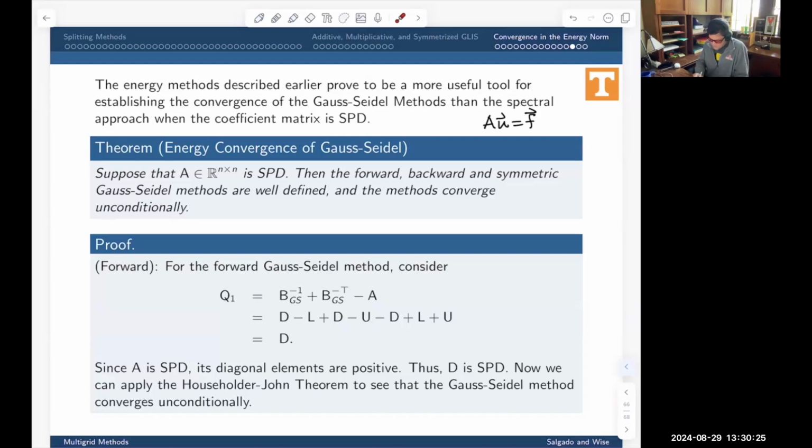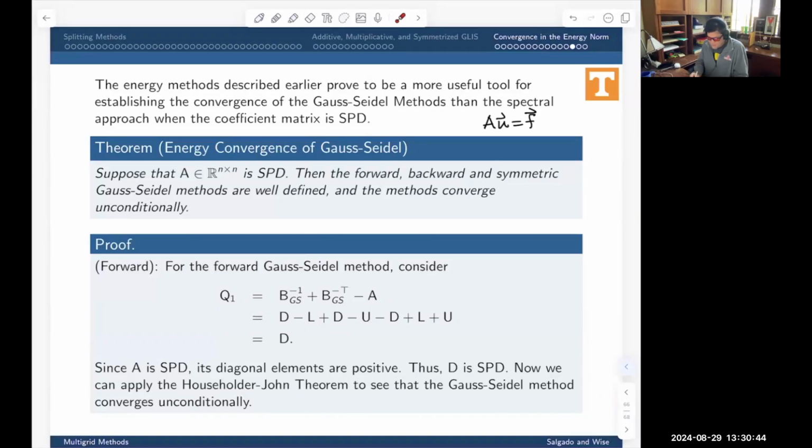So we know what the iterator matrix is for the Gauss-Seidel method. It's the inverse of D minus L. So if I take the inverse of the inverse of D minus L, I get precisely D minus L back.